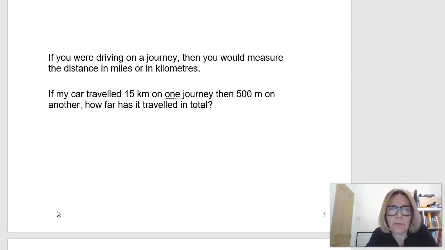If my car travelled 15 kilometres on one journey and then 500 metres on another, how far has it travelled in total? Well, I know that 500 metres is half a kilometre, so I can convert that 500 metres into kilometres, add it to the 15, and in total my journey would be 15.5 kilometres.